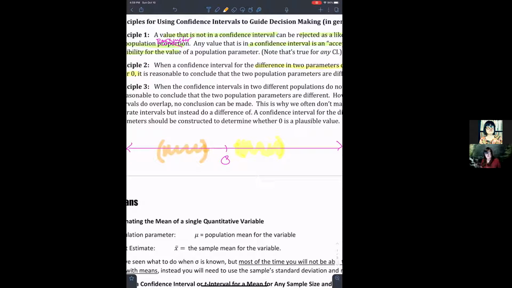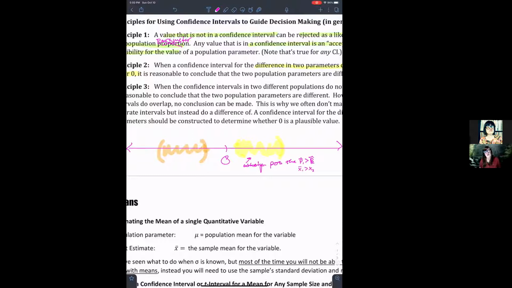If I have wholly positive, then that's saying that the first value is the larger value. So if I'm wholly positive, then p hat 1 is bigger than p hat 2, or when we get to means, x bar 1 is bigger than x bar 2.